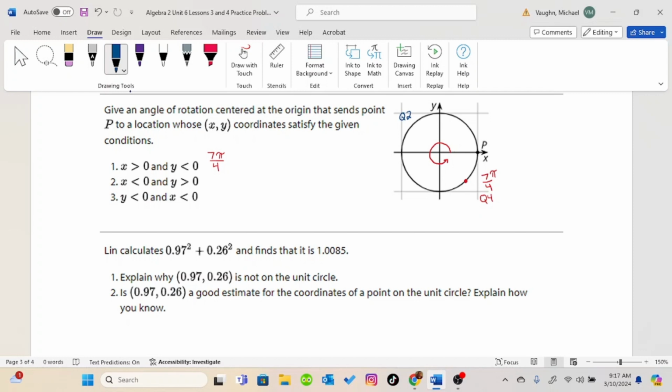So I can go half of pi, and then I'm going to continue until I go 3/4 pi. And I'll put a point there. So 3/4 pi.